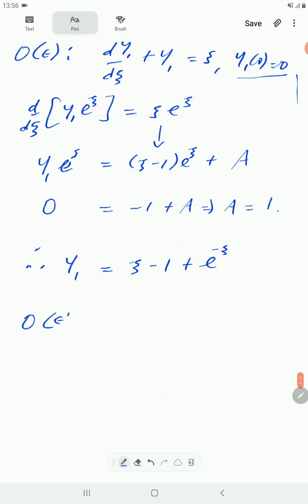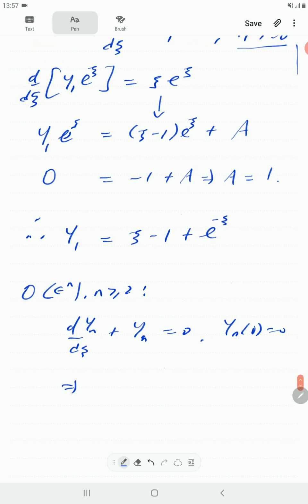Then at order epsilon to the power n, where n is 2 or bigger, we are going to get this equation as our governing equation, and this is going to be the condition. Now for all of these, when we solve, we are going to find that they give us 0.